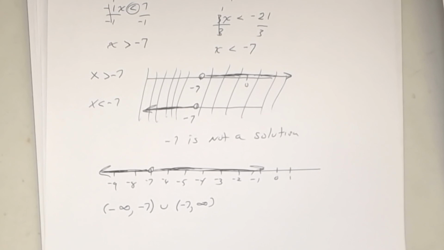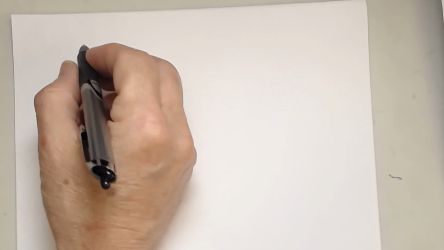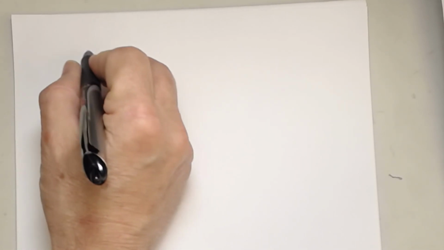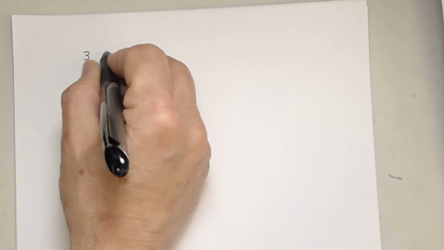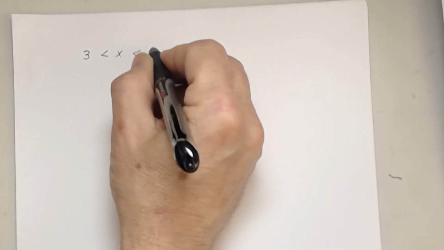All right, now let's look at this idea. Remember when we first started talking about this compound inequality? 3 is less than x is less than, let's say, 8. That was on the first worksheet in 9.7, I think.